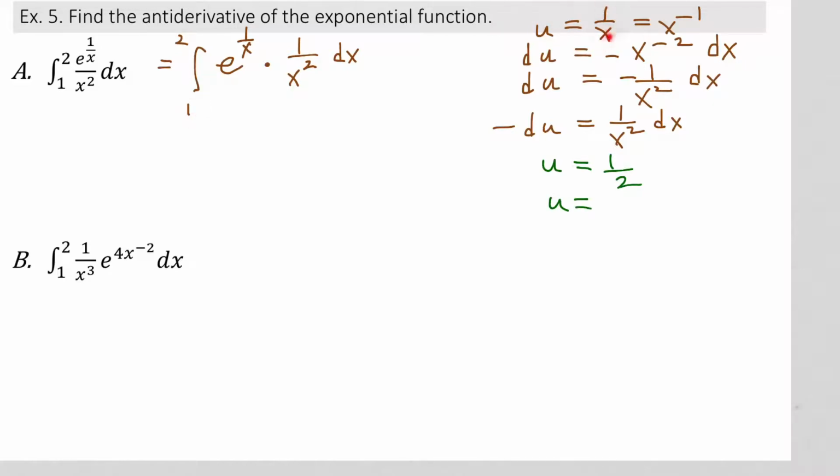This is 1 over 1, which is 1. All right, so now putting it all together, I have the integral in terms of u is now 1 to 1/2 e to the u, negative because of this negative here, then du.